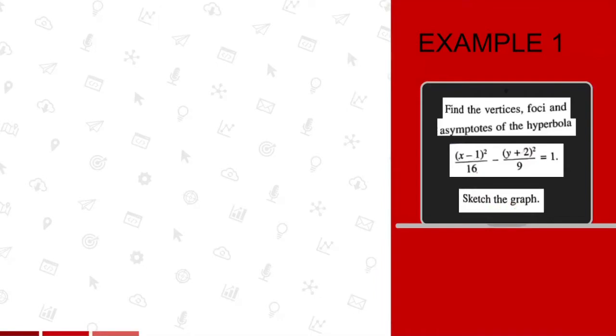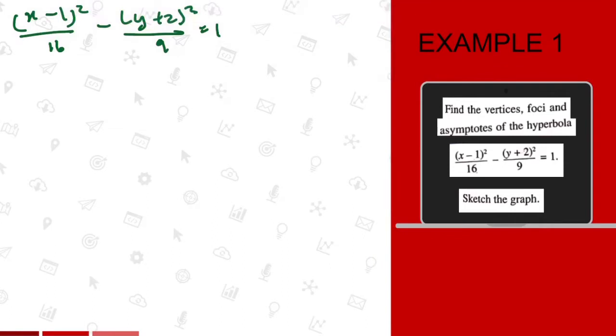So first of all, let us rewrite the equation that is given to us. It is (x minus 1) squared over 16 minus (y plus 2) squared over 9 equal to 1. So let us compare this equation with the general equation of hyperbola.